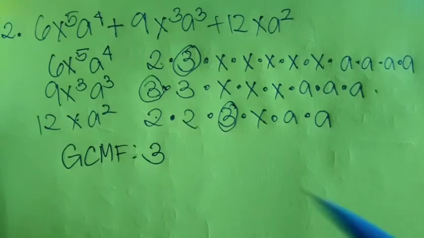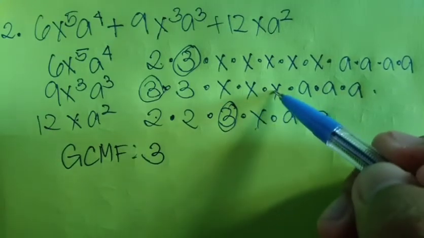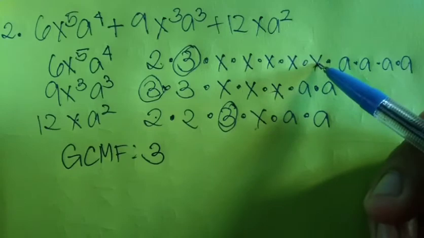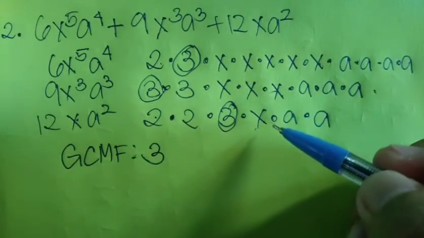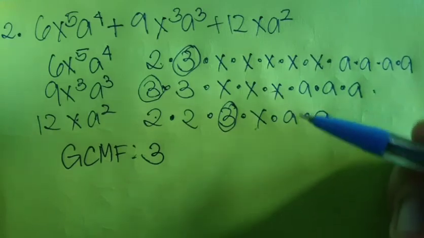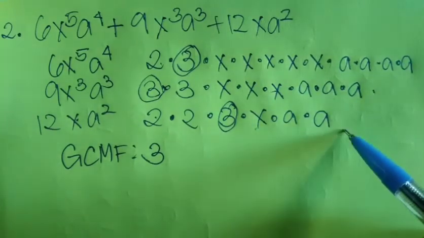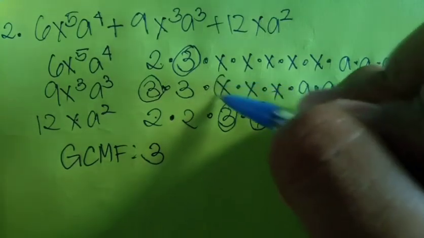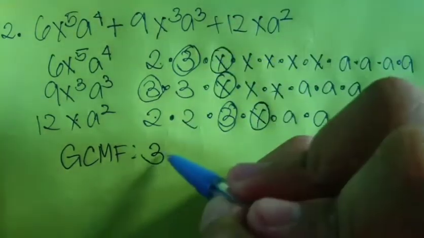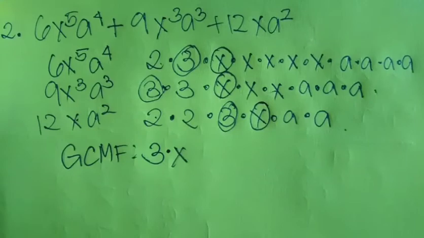Then, meron ditong isang x, tatlong x, then 5x. Ibig sabihin, isa lang yung pwedeng mapasama na x. Since wala na tong mas marami pang x, isa lang ang pwede niyang isama sa GCMF. So, x is a part of the GCMF.